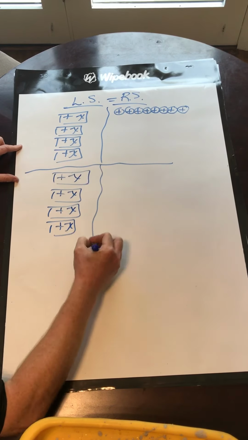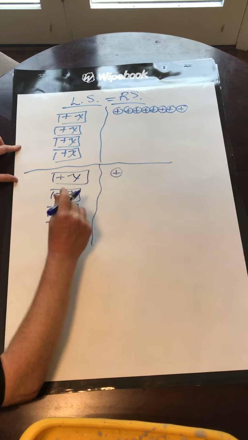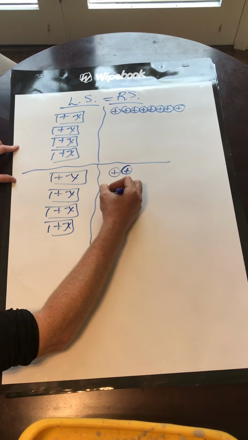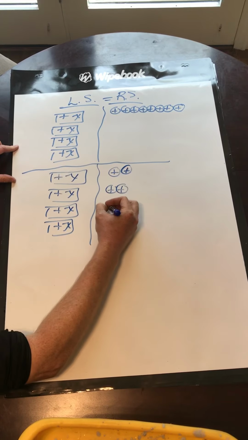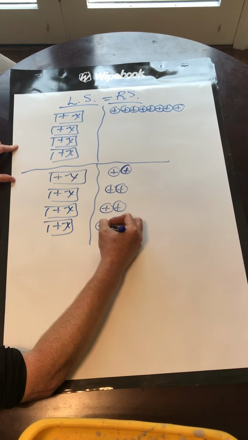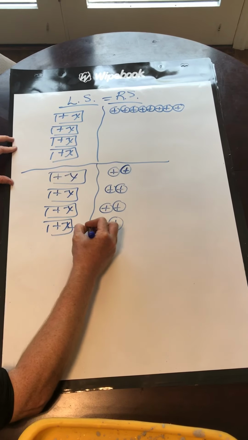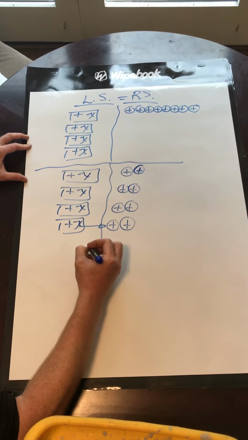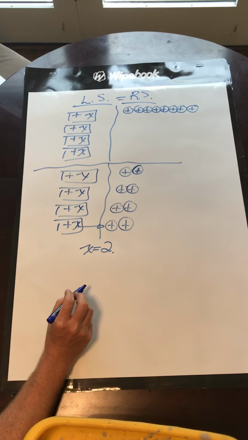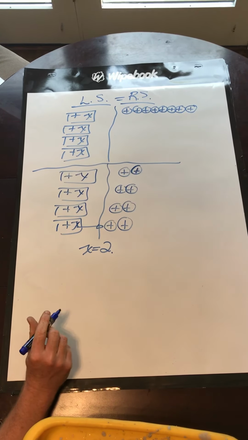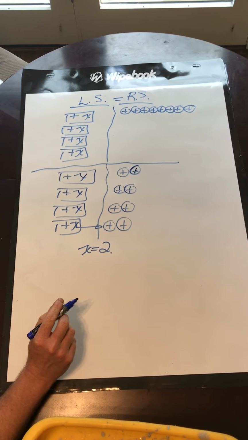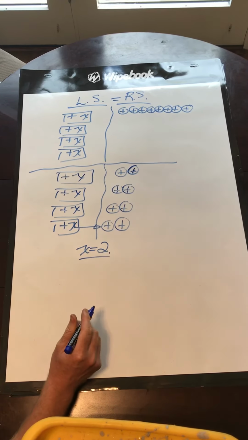I can rearrange so that they're equally shared with the x's here, and every x gets 2 positive tiles. So therefore, x is equal to 2. And again, I need to check or verify that x is equal to 2.